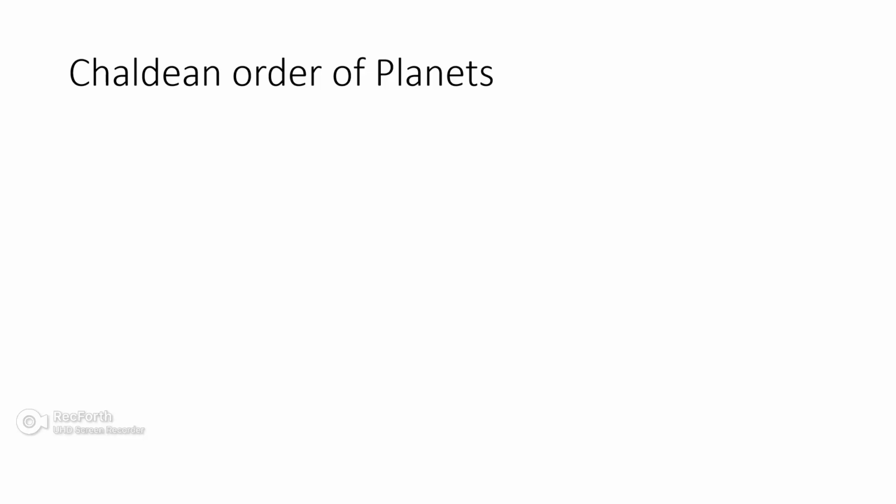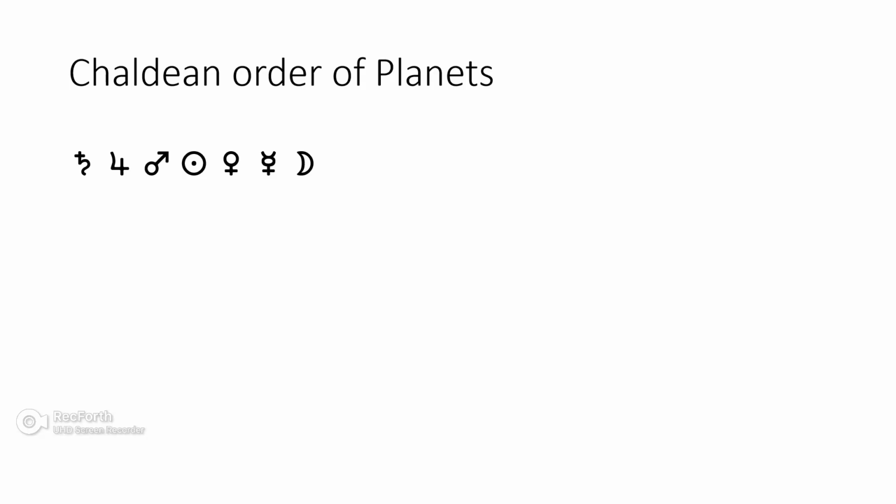So, I think a very important place to begin is knowing the Chaldean order of the planets. And this is them from Saturn, Jupiter, Mars, Sun, Venus, Mercury, and the Moon, going from slowest to fastest.